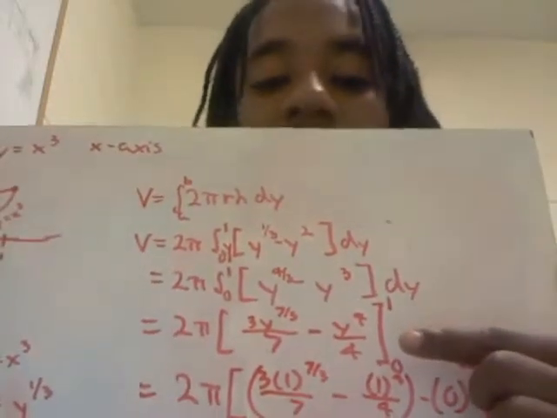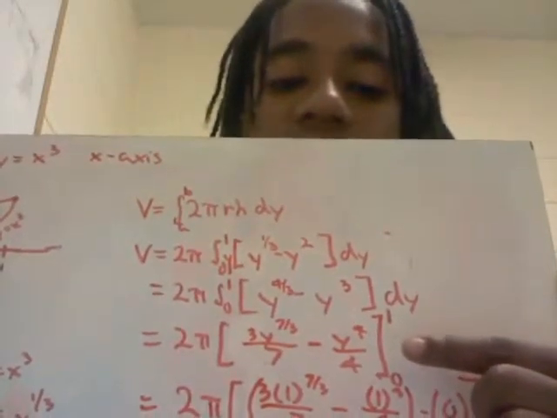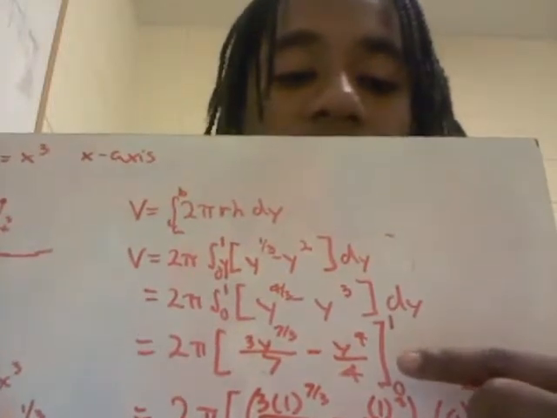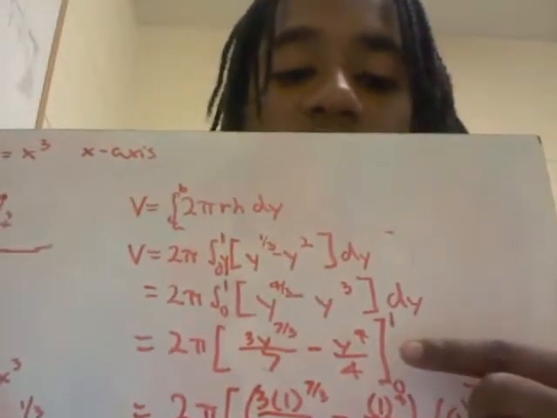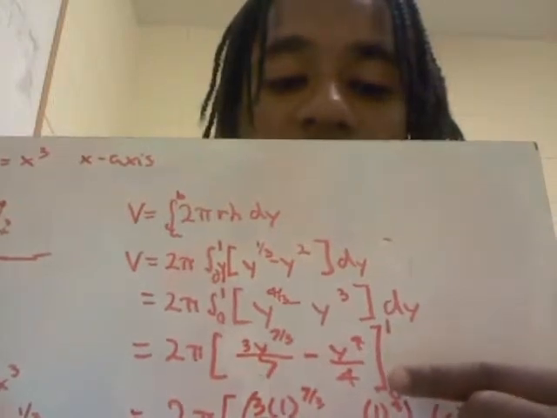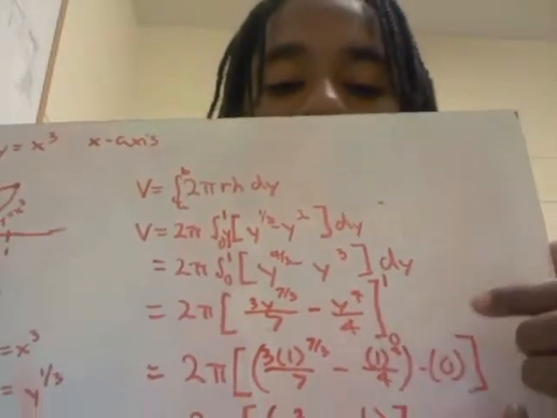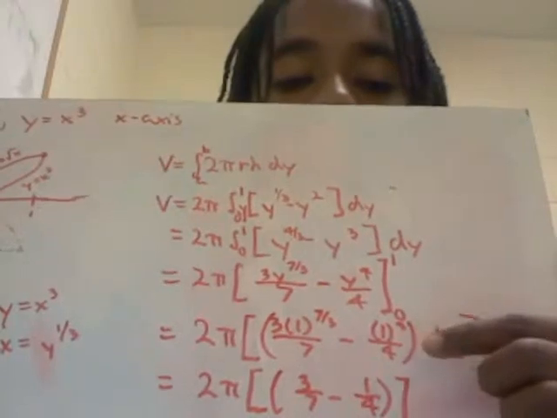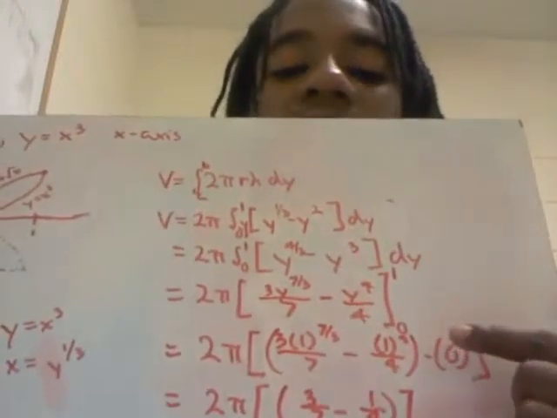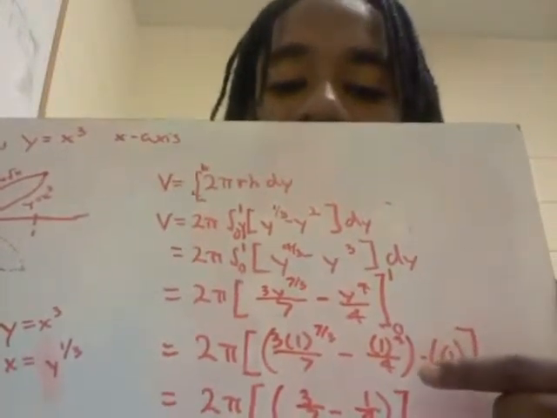Then you do the integral. It's going to be 2 pi of 3y to the 7/3 over 7 minus y to the 4th over 4 from 0 to 1. Now you substitute in the 1 and the 0.